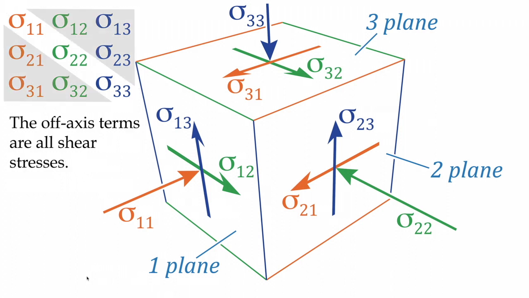All of the terms that are not along that diagonal are shear stress terms. Okay, so this is a symmetric 3 by 3 matrix. We call it the stress matrix. Displaying these stress components as we have allows us to do useful mathematical things with it that we'll discuss in a future video.